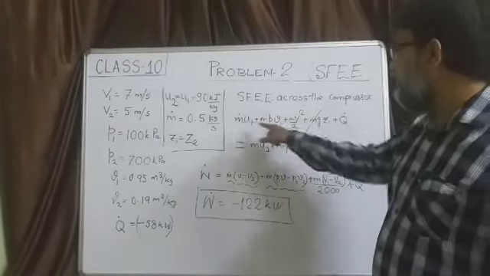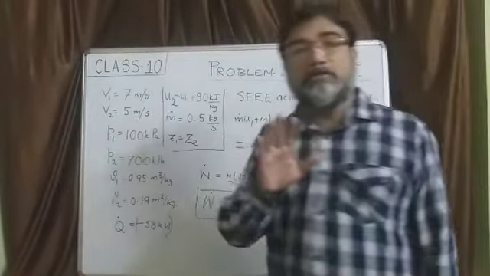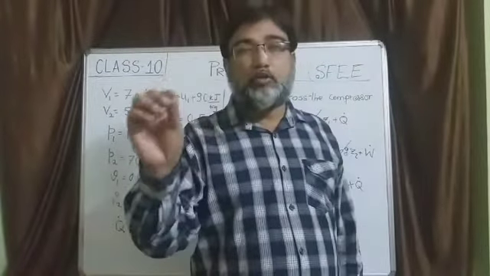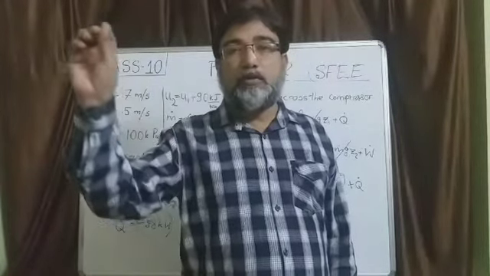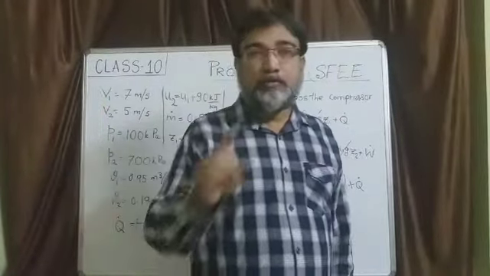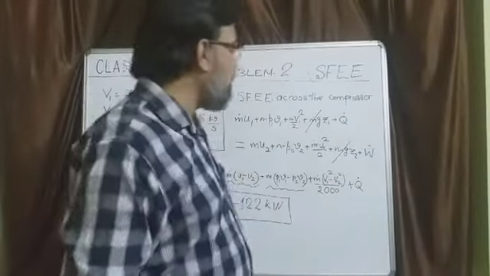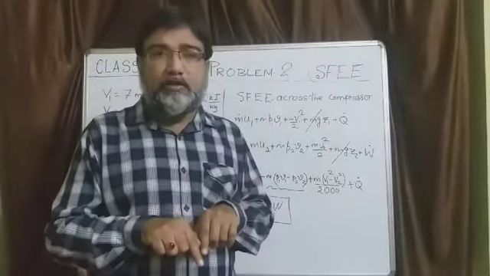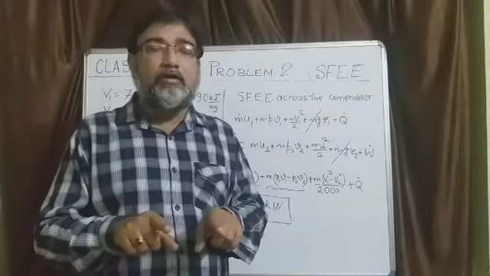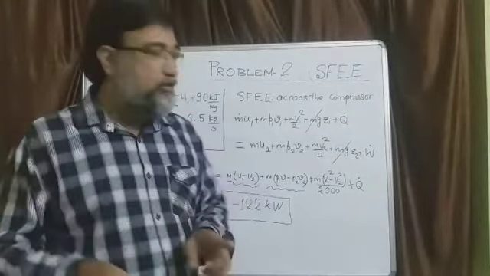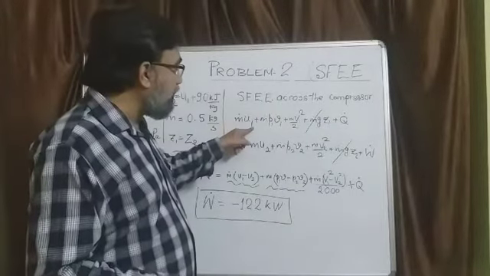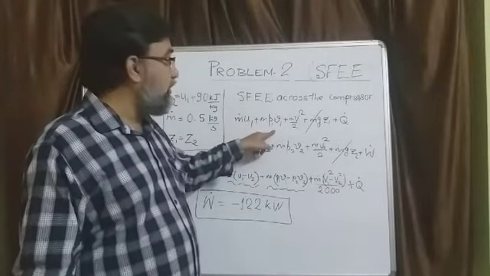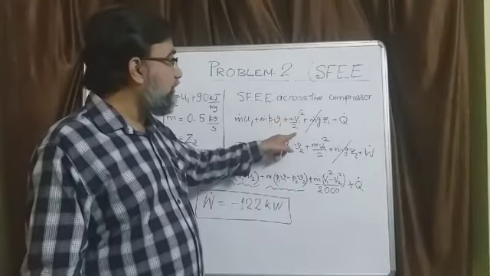So we will write the full equation, which is normally m dot h1 plus m dot V1 square by 2 and so on. But here, in place of h1, we write u1 plus p1 v1, because we are not given the value of h1, we are given the values of u1 and p1 v1. So we write m dot u1 plus m dot p1 v1 plus m dot V1 square by 2.